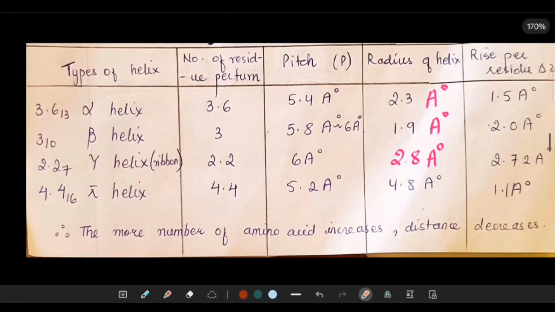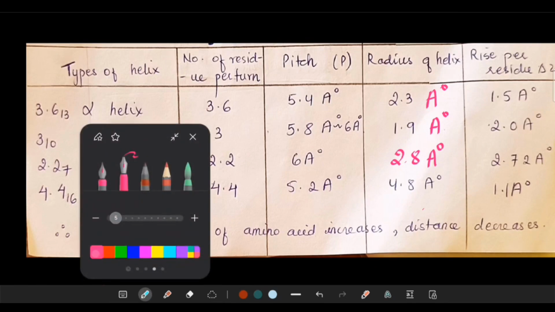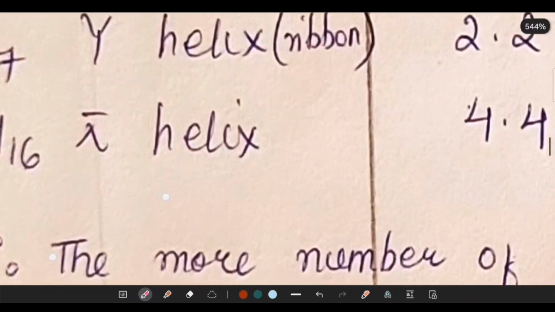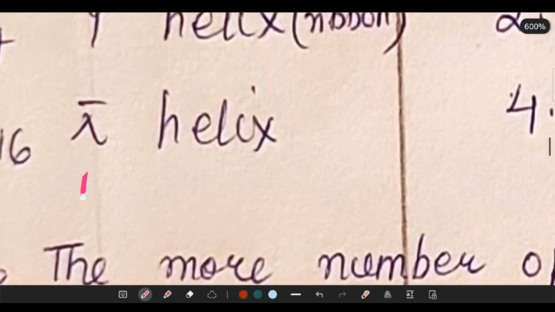And then we have number of residue per turn, which is this one, and then we have a pi helix as well. So for the pi helix, I'm gonna write the number, which are the amino acids involved. So it is the first and the 6th amino acid.